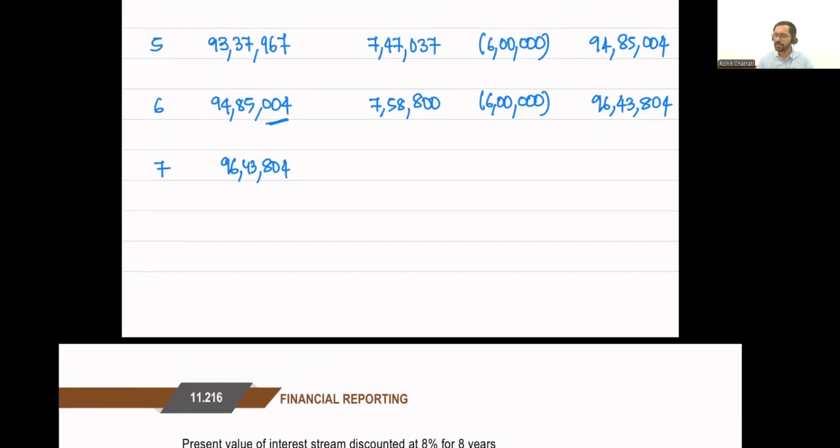I then calculate interest at 8 percent, which is going to be equal to 7,71,504. I then have a cash flow of 6 lakhs that I'm going to pay off, and I will be left with a remaining balance of 96,43,804 plus 7,71,504 less 6 lakhs, which is equal to 98 lakh 15,308.